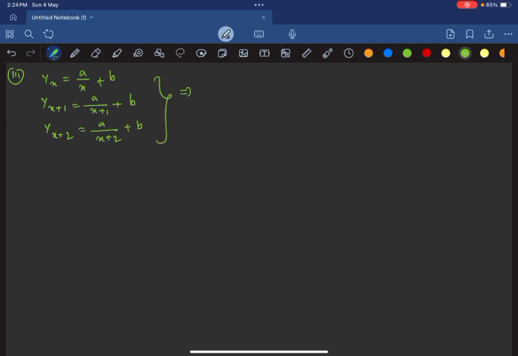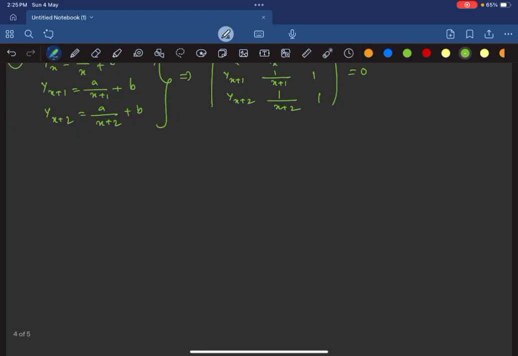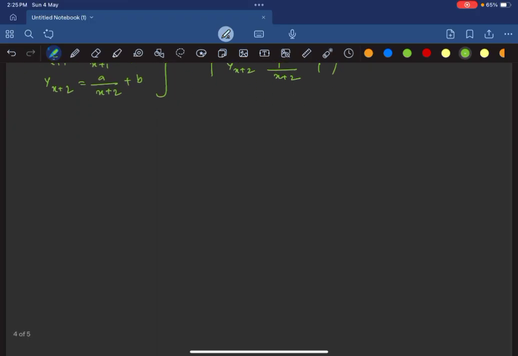Now from this setup, you need to write y_x, y_{x+1}, y_{x+2}, 1/x, 1/(x+1), 1/(x+2), and for b the coefficients are 1, 1, 1. So make it equal to 0 and solve. Okay, so likewise you can solve.